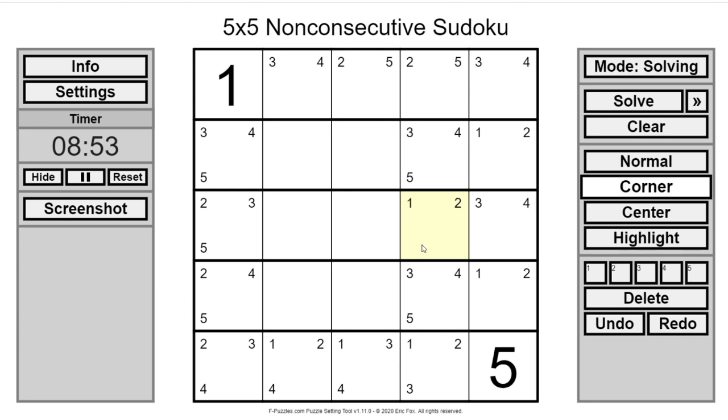Now, if this is 4, then this becomes a 3 and this becomes a 3. This leaves a 1-2 pair, which could work.